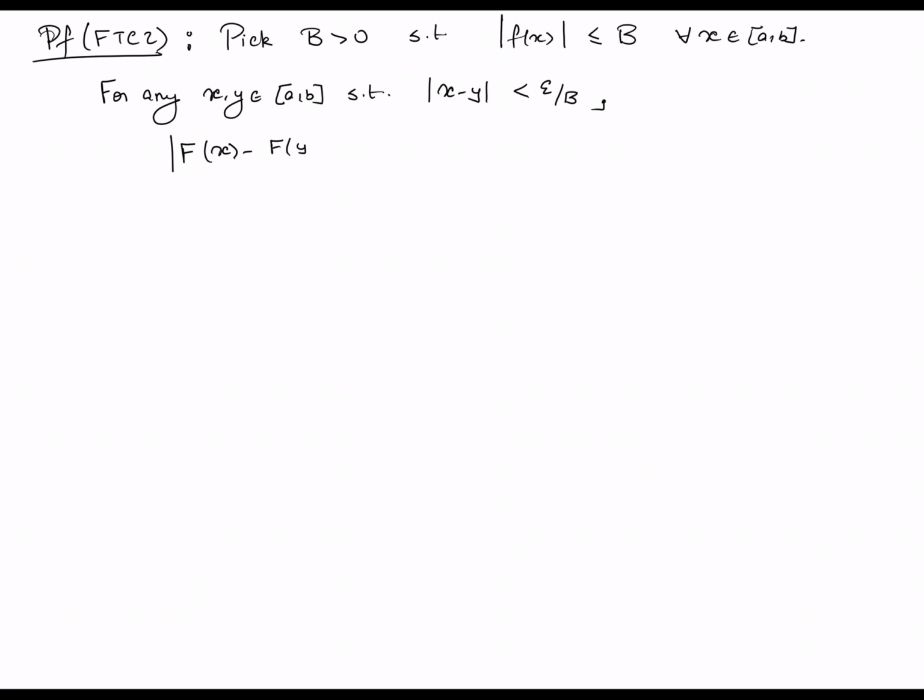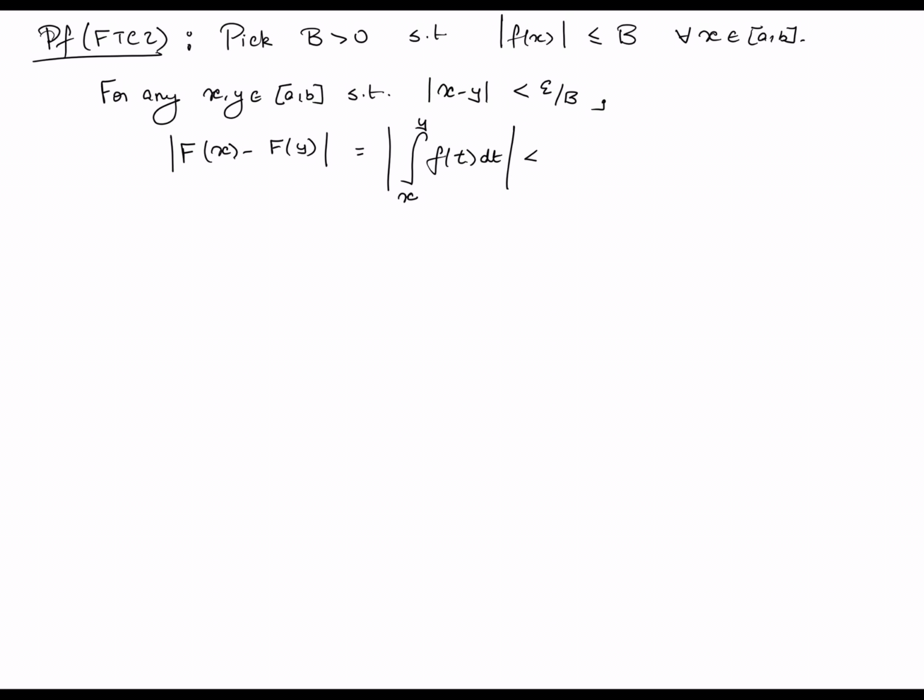Remember, we are now trying to prove the continuity of capital F. Okay, so if you look at the distance between capital F of x minus capital F of y, this is in fact equal to the absolute value of the integral from x to y of f of t dt, right?